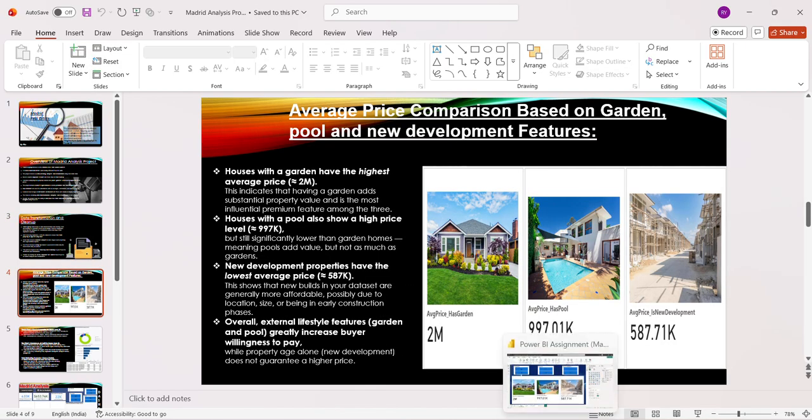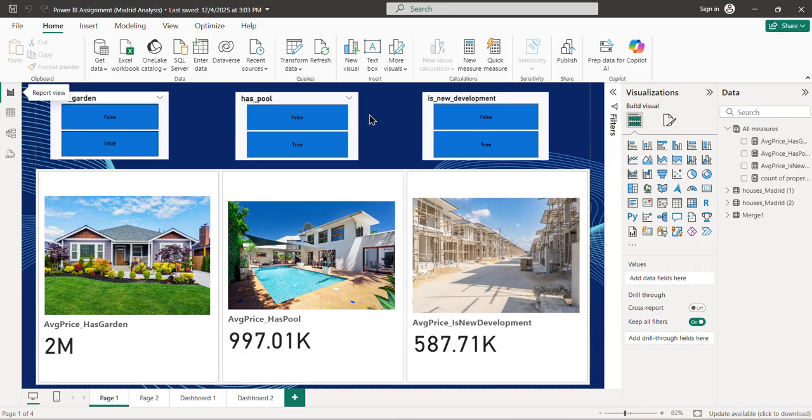So let's explore the charts in Power BI. Here we have the chart of average price of garden, of pool, and new development.